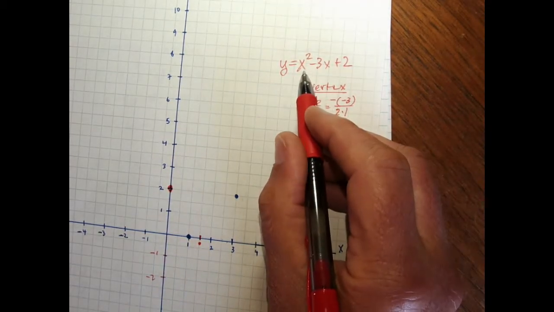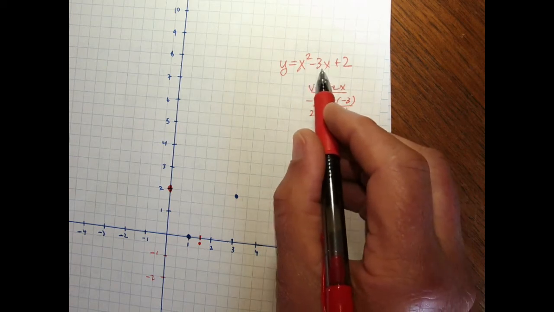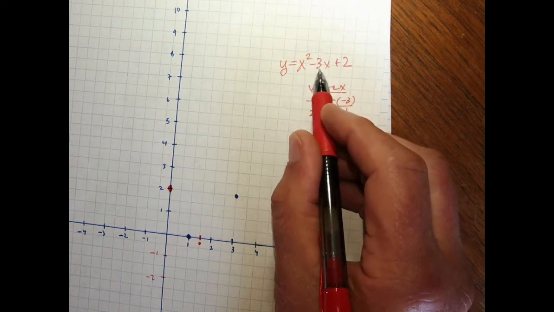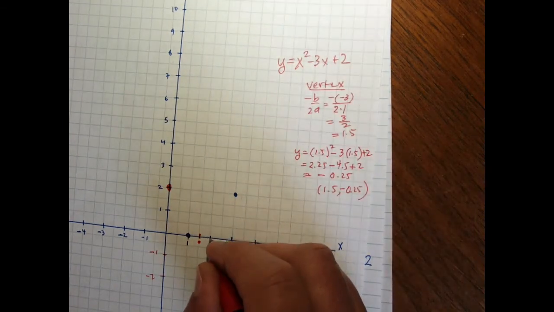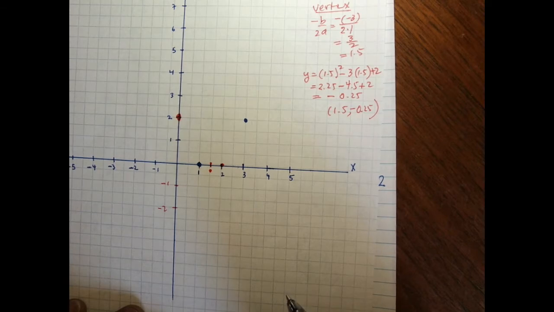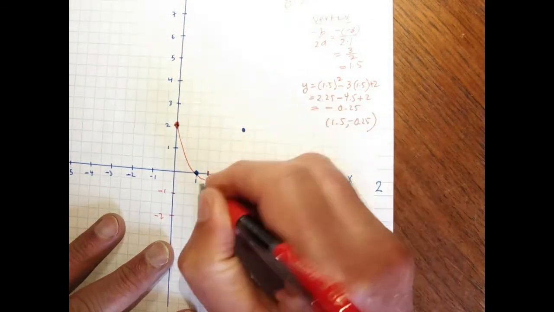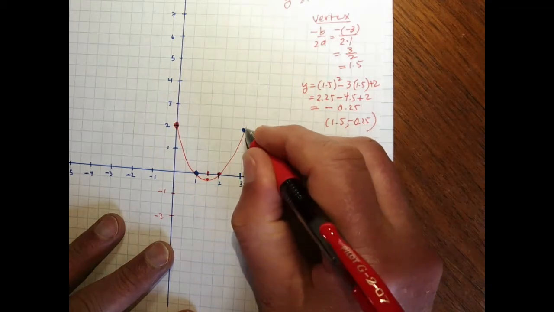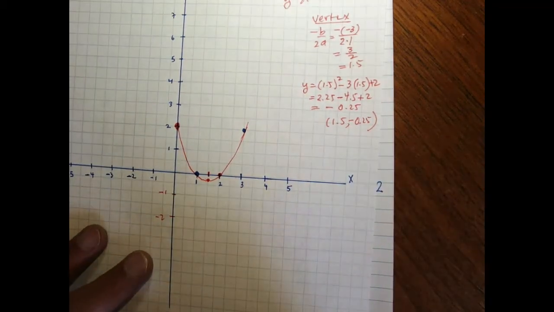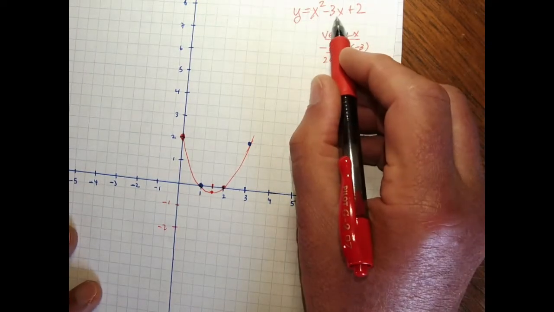When x is 2, I get 4 minus 6 is negative 2 plus 2 is 0. The point 2, 0 is on our parabola. I know it goes around like so. And at negative 1, I'm going to do that in my head.